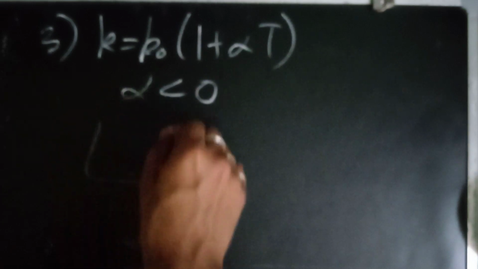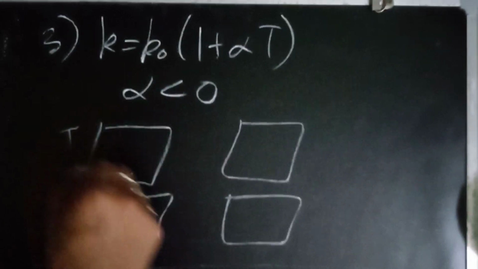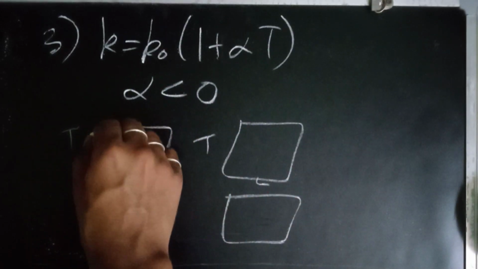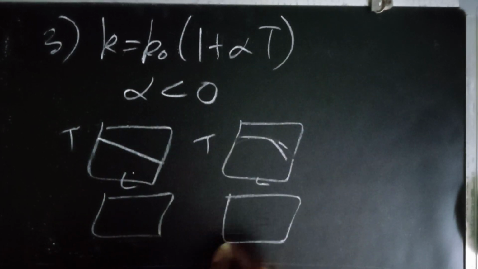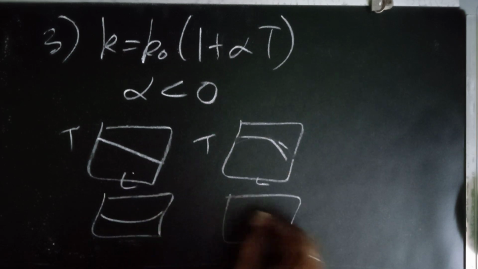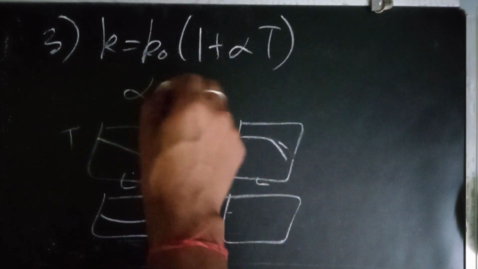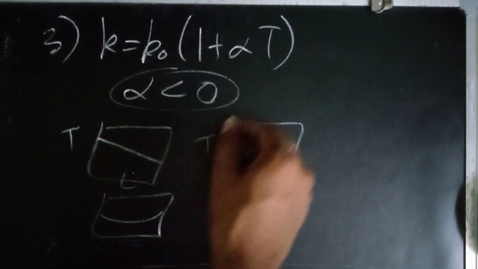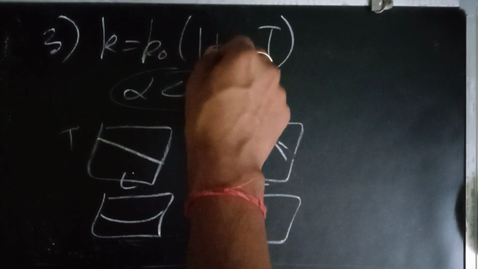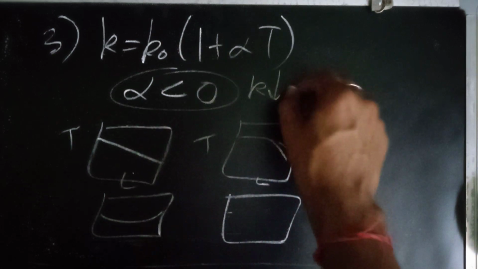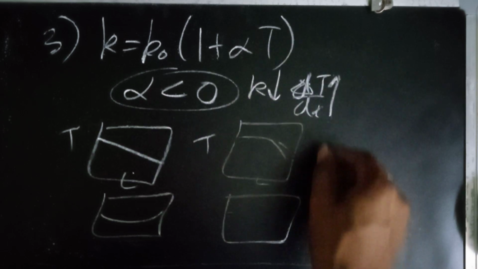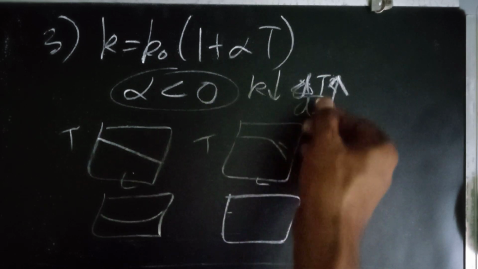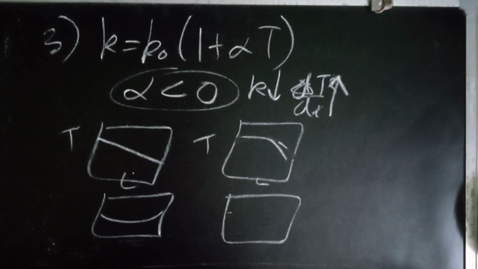There were different curves of T versus L. As alpha is less than 0, k will decrease, so the gradient dT/dx will increase, hence the slope is going to increase, and we can select the correct plot with this.